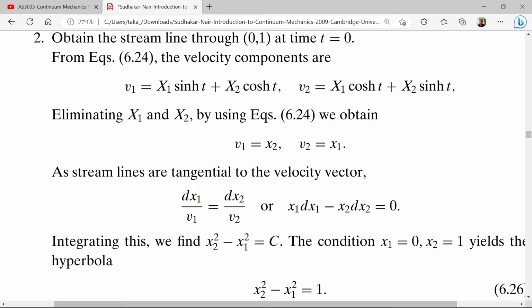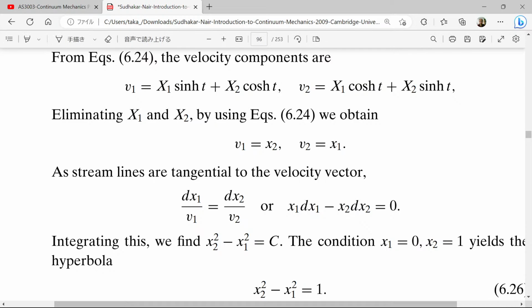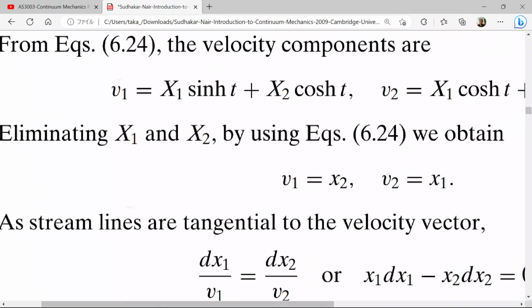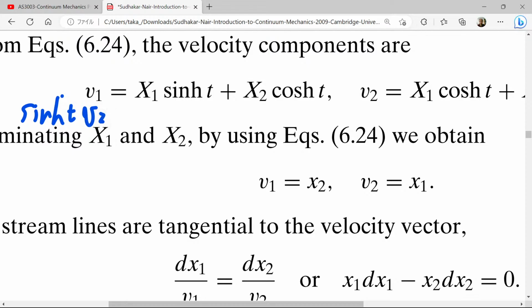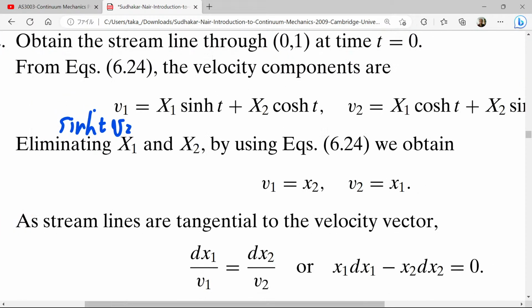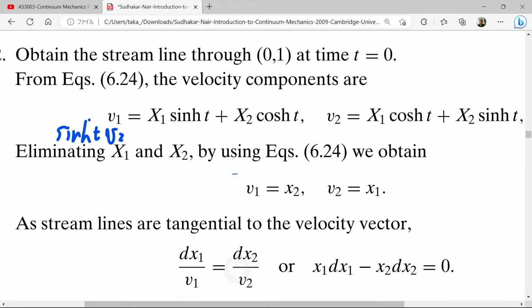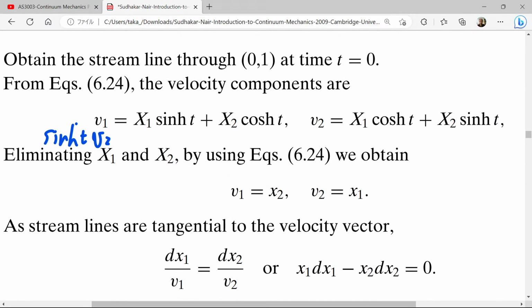Okay, let me see, let me try. Let's multiply sinh t by v2, and here I have to do cosh t by v1.